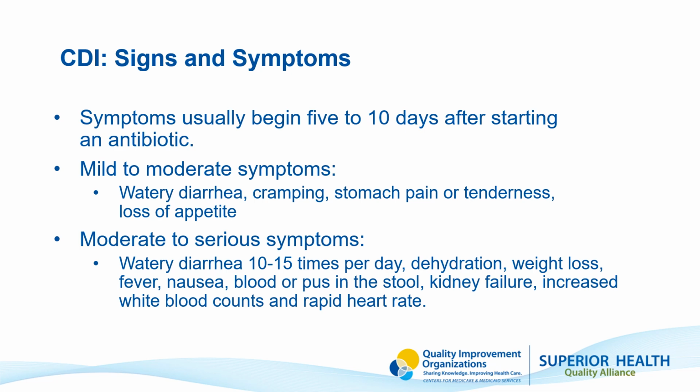The moderate to more severe symptoms include watery diarrhea up to 10 to 15 times per day, dehydration, weight loss, fever, nausea, blood or pus in the stool, kidney failure, increased white blood cell counts, and a rapid heart rate.